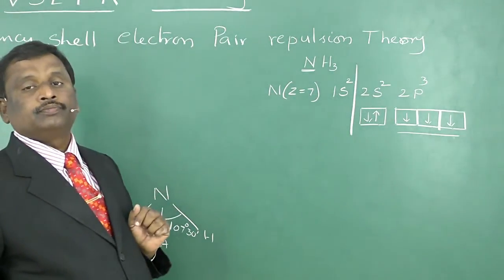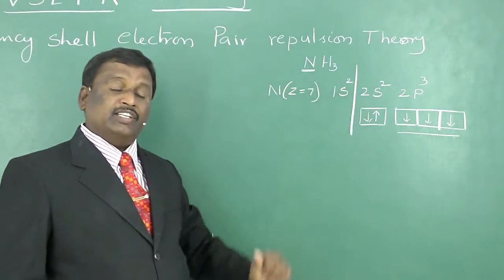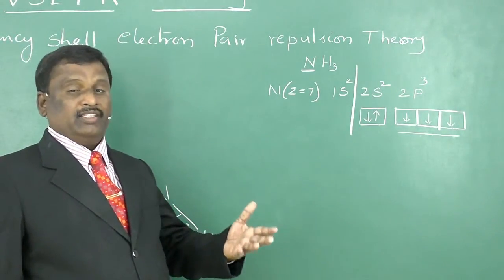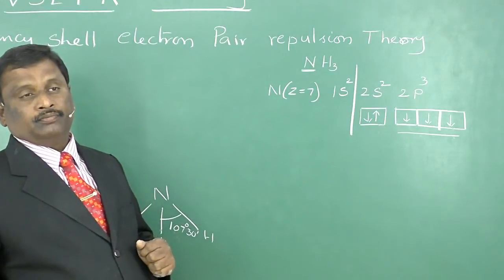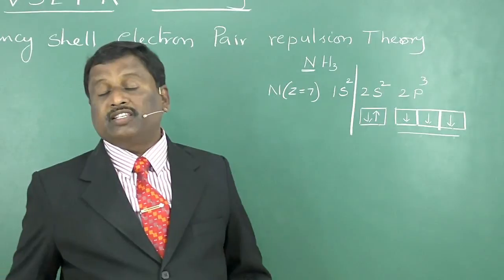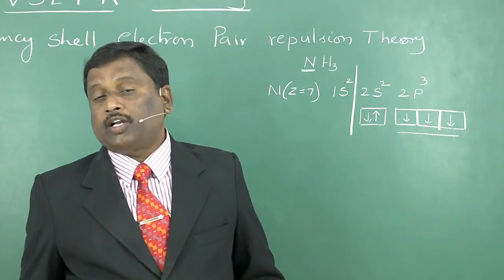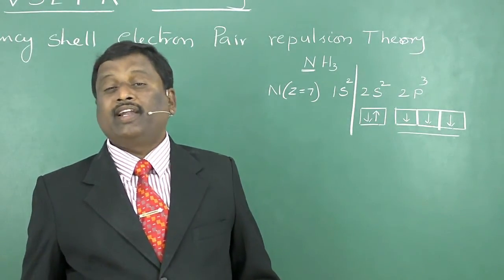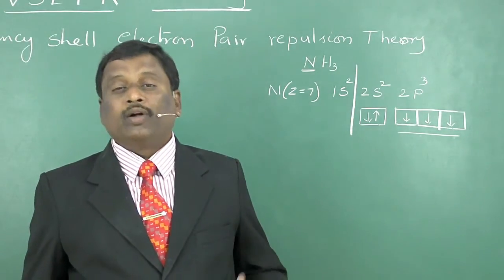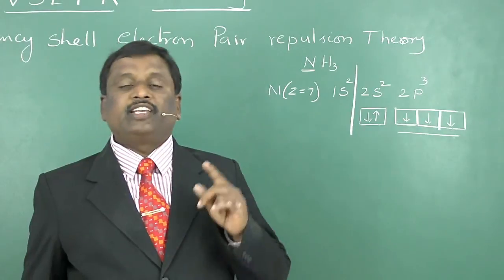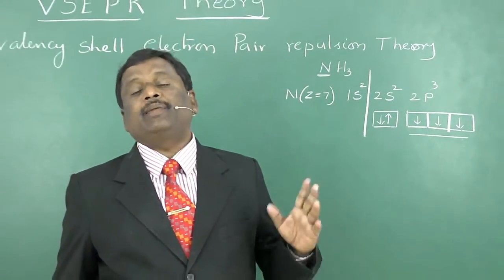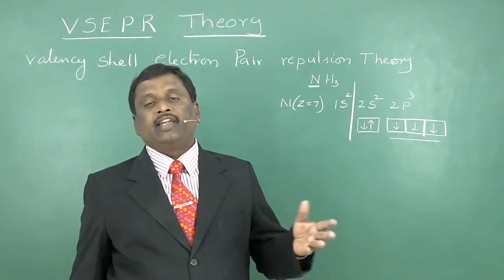Suppose it was involved in hybridization, what type of hybridization would it be? With sp3 hybridization, the molecule should be tetrahedral with bond angle 109 degrees 28 minutes. If it is sp2, 120 degrees bond angle. If it is sp, 180 degrees. If it is sp3d, 90 and 120.